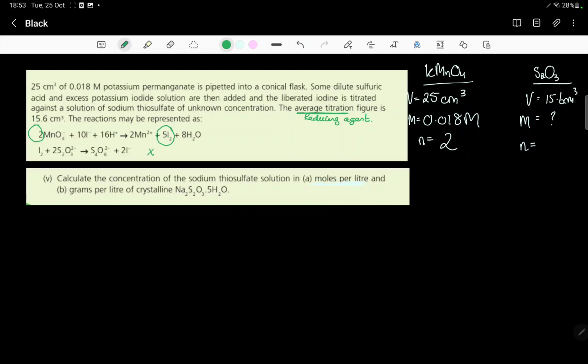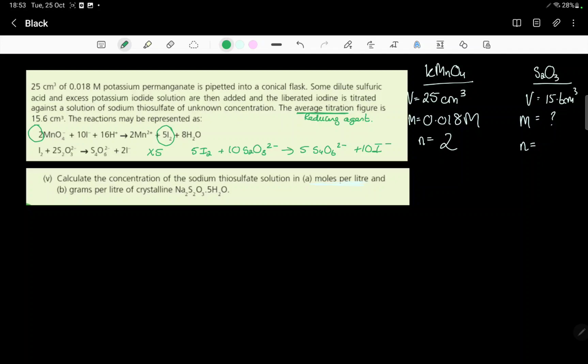So I need to multiply this whole line by 5 so that equation 1 and equation 2 actually relate to each other. So this new equation is going to be 5 iodine plus 10 sodium thiosulfate goes to 5 of this compound and 10 of the iodide ions.